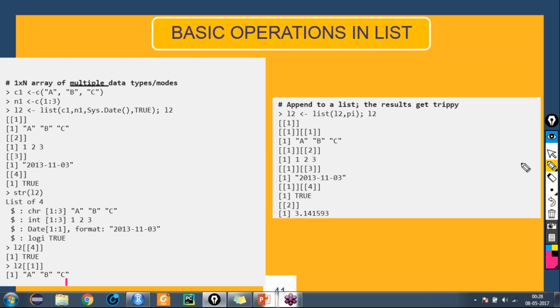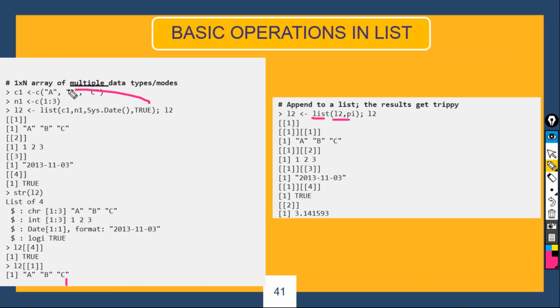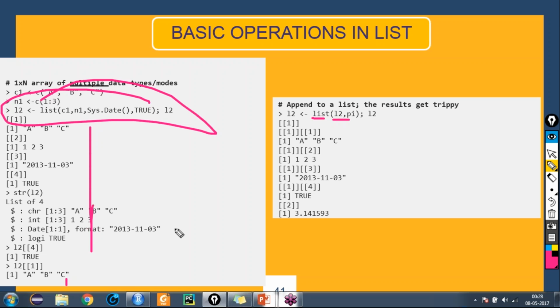Okay. And how do we append to a list? Append to list, and the result gets appended. Okay, so how does it work? We make the first list and we include L2. We have already made L2 here, you remember, right? We have made this and we have done some exploration over the same. And pi is a special keyword, and whenever we print L2, the very first column contains the earlier values, so here pi will just get included as the very next column, right?